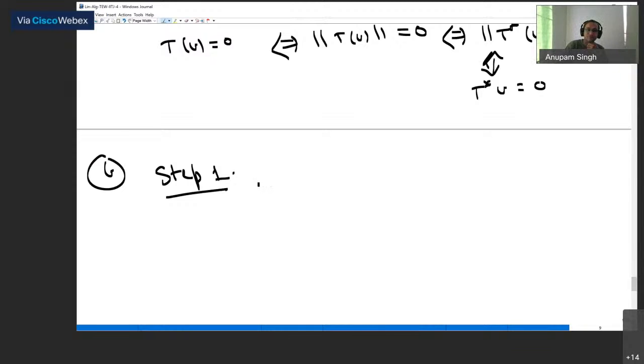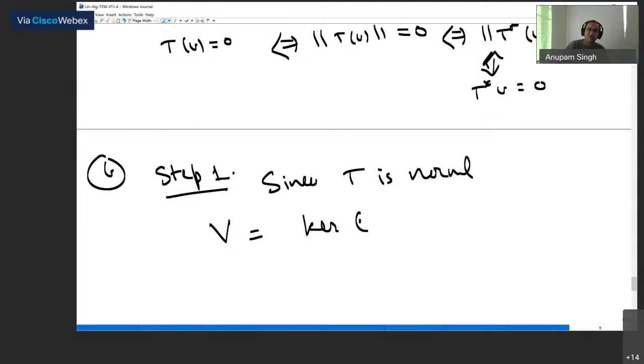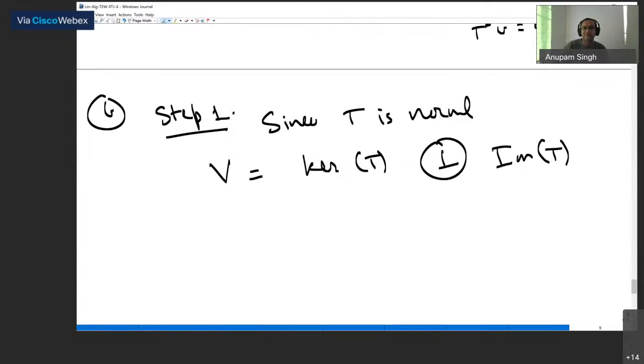So since T is normal, I can get a decomposition of my vector space V as the kernel of T direct sum, in fact, perpendicular to the image of T. Okay, so T almost behaves like a projection operator. That's what it means, but we'll not go in that direction. I just want to prove this decomposition.